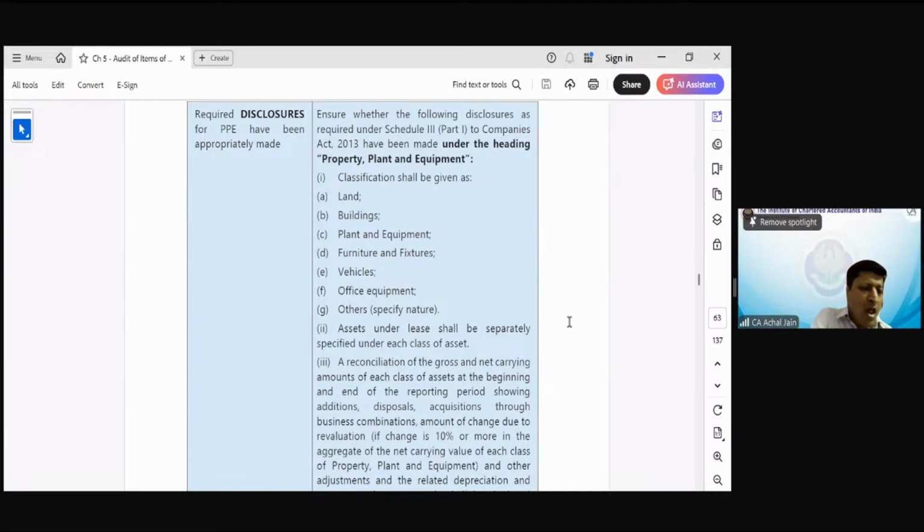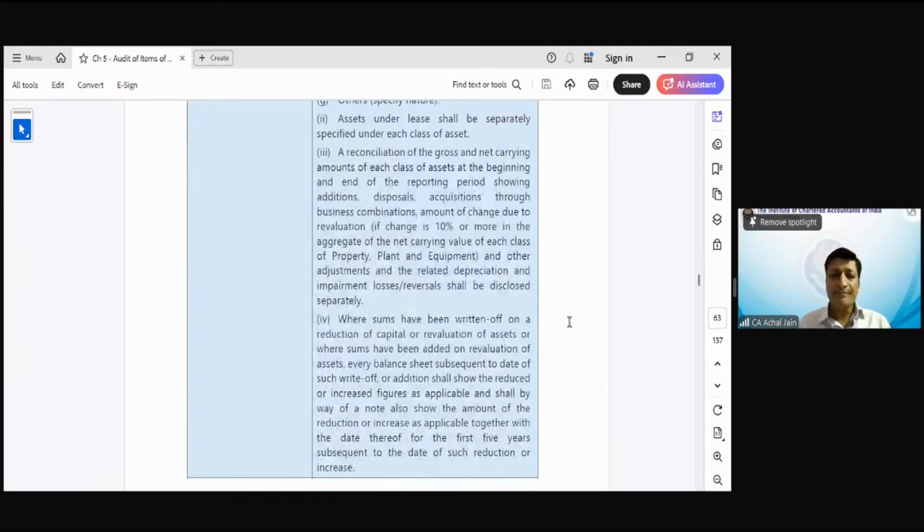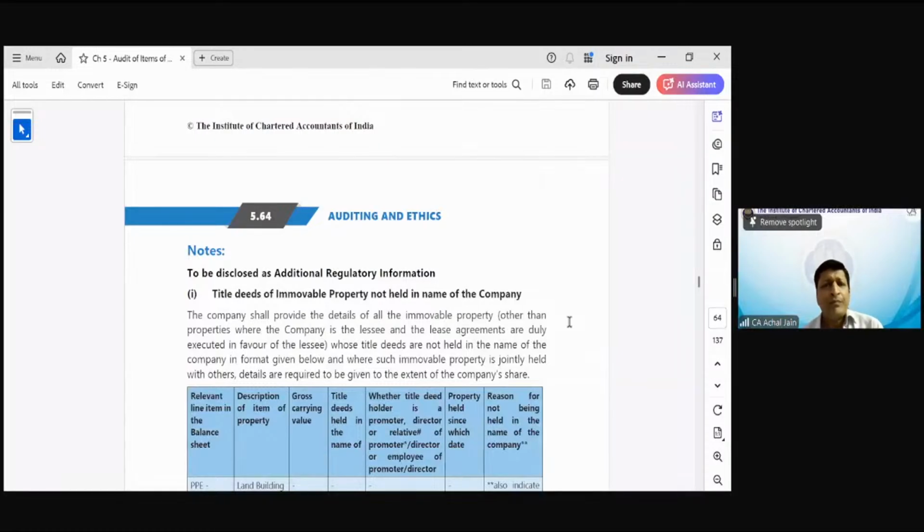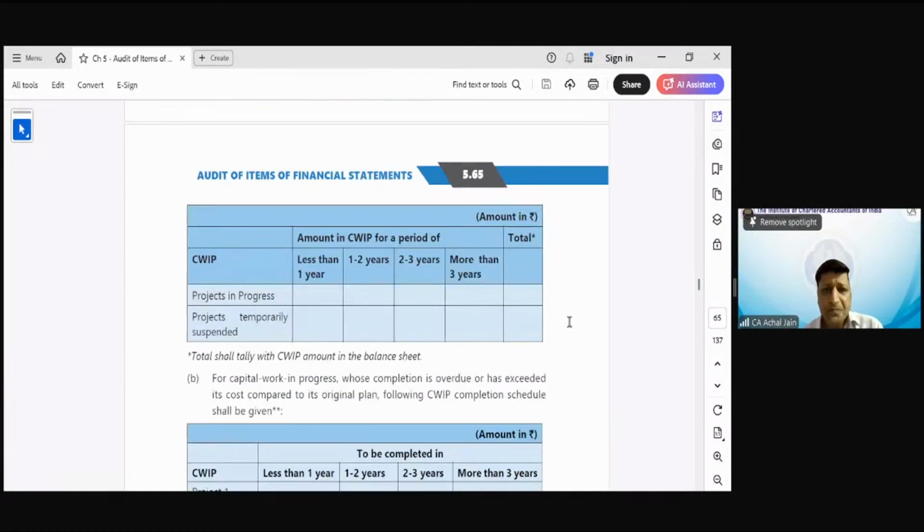So it's a good disclosure which explains various items which are there, but on the basis of the categories, not on the basis of each and every line item. So this is how PPE is required to be captured. And once again, what is the procedure on the part of the auditor to ensure that these disclosure requirements have been taken care of or not?